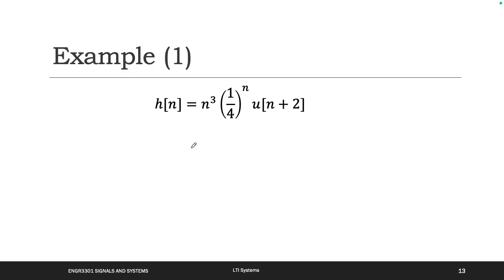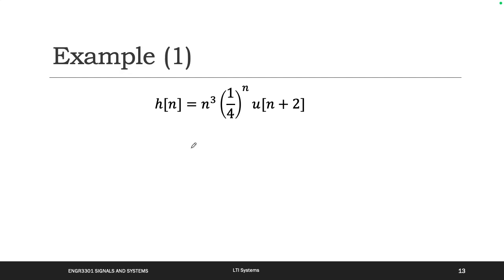If n involves some value smaller than 0, it will not be causal. So here, the range for n is only where n plus 2 is greater than or equal to 0, so it has value. Which means n greater than or equal to -2. So is it causal or not causal? Yeah, it is not causal because n involves some value smaller than 0.